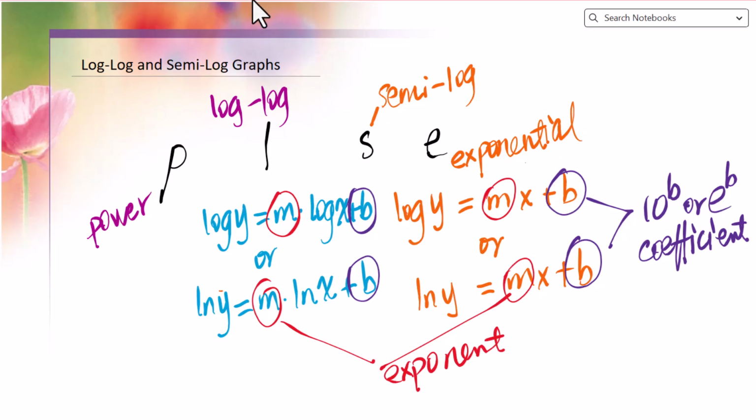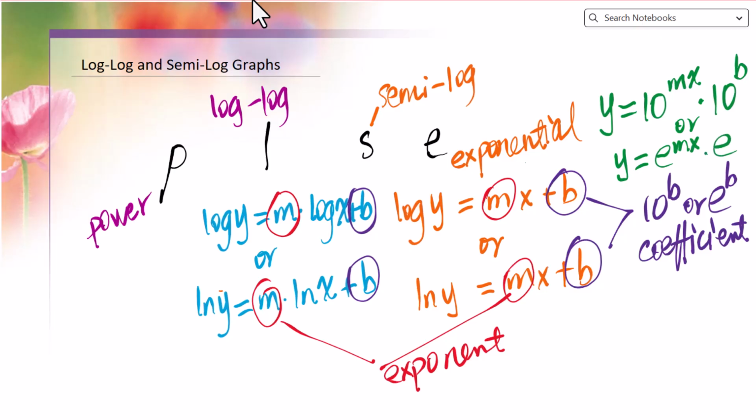Therefore, for this exponential, we will write down y equals, both m and x are exponent, either 10 to the power of mx times 10 to the power of b, or y equals e to the power of mx times e to the power of b.